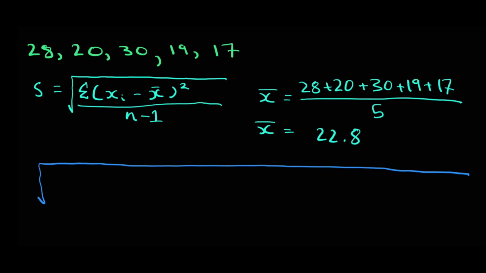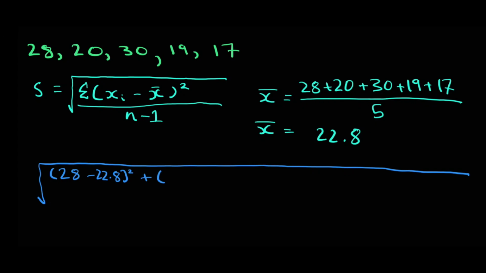So now we can plug that into our formula, which is just going to be the square root of the sum of the difference between each individual data point and the mean squared, over n minus 1. So let me show you. First we're going to use 28 because that's the first data point. Then we're going to subtract the mean that we worked out, which was 22.8, and then we're going to square it.